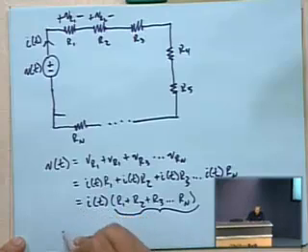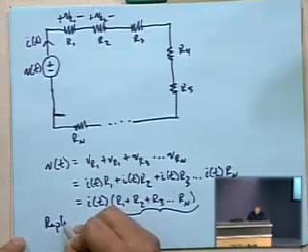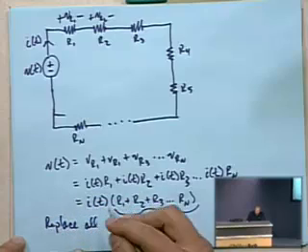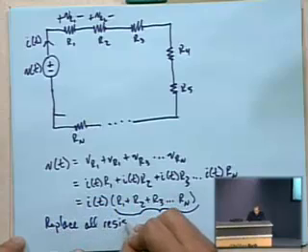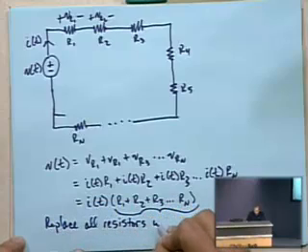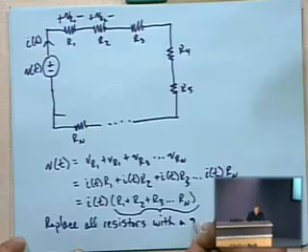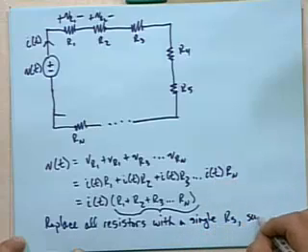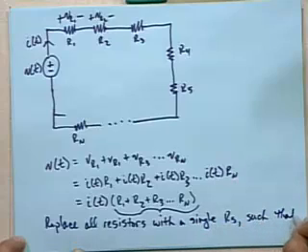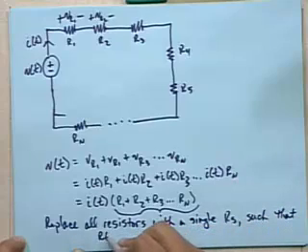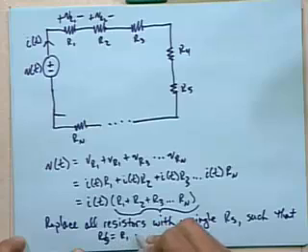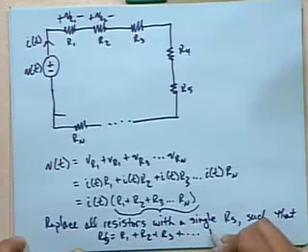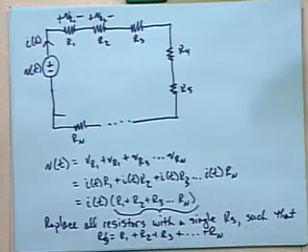So we can replace all the resistors with a single RS such that RS equals R1 plus R2 plus R3 plus Rn.